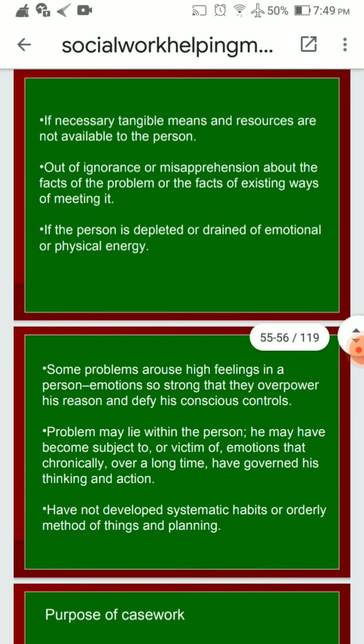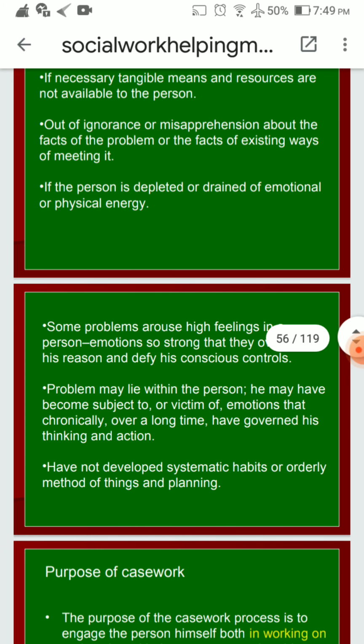Also, some problems arouse high feelings in a person, emotion so strong that they overpower his reason and defy his conscious controls. Another, problems may lie within the person.